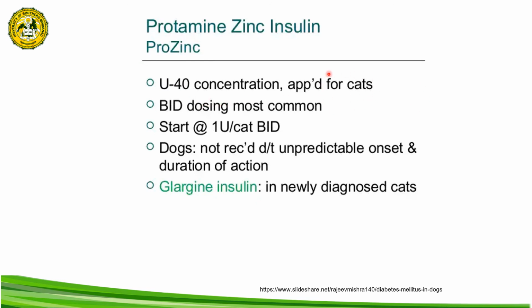It is mostly applied in cats, with twice daily dosing. For dogs, this is not recommended because of the unpredictable onset and duration of action. We also have the glargine insulin that is used for newly diagnosed cats.